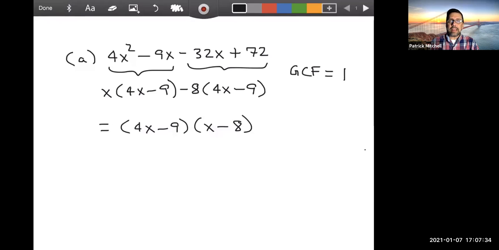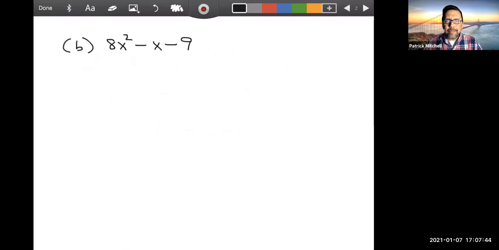And then I would combine the like terms and ultimately come up with 4x squared minus 41x plus 72. So that step has been taken in this problem. So I can't use grouping, at least not the way it's written now. Just to stay in the habit, I'm going to look for a greatest common factor, and I think it's pretty clear this time that the greatest common factor is 1.